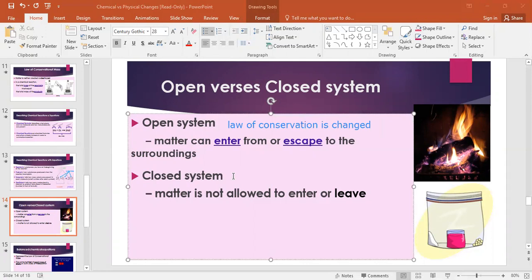And because it's captured and measured, the law is exact. Okay, so that's a big deal. In a closed system, we can measure all these parts that would go flying about the place. And because we can measure all of them, what you begin with will be what you end with. Keep that in mind.